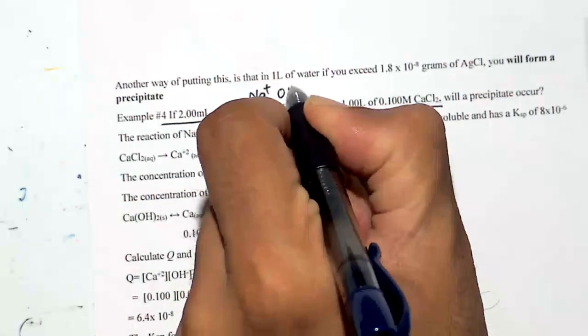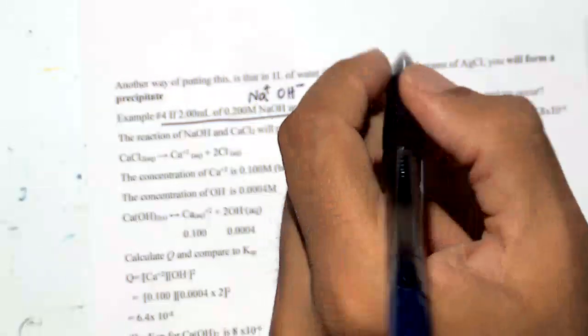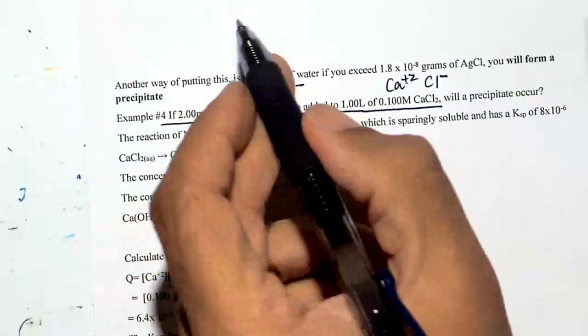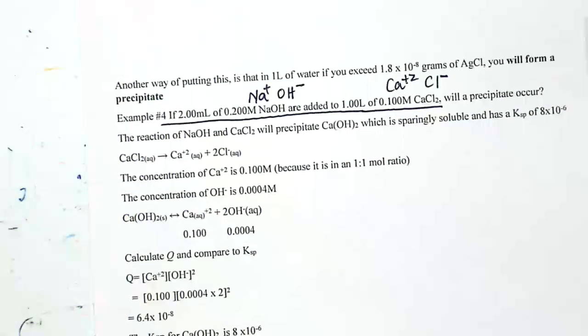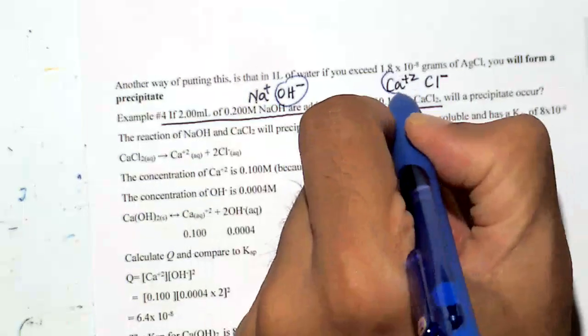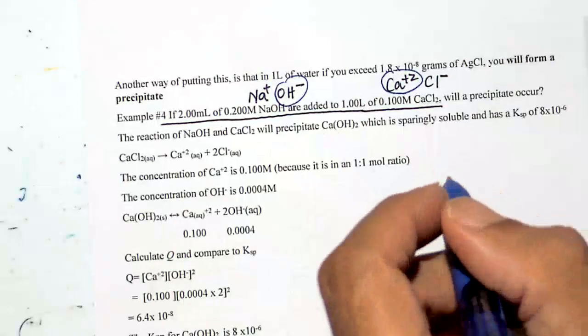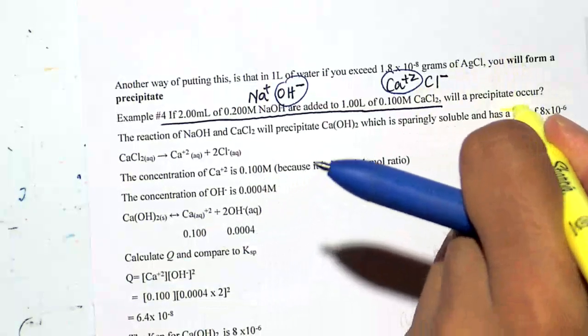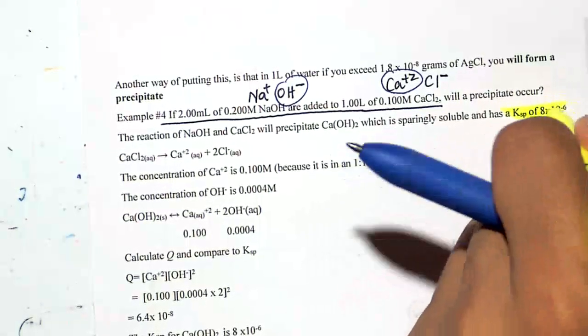NaOH is Na plus and OH minus, and calcium chloride is calcium 2 plus and 2 Cl minus. When these two react and mix together, the precipitate is going to be calcium hydroxide, which has a KSP of 8 times 10 to the minus 6.